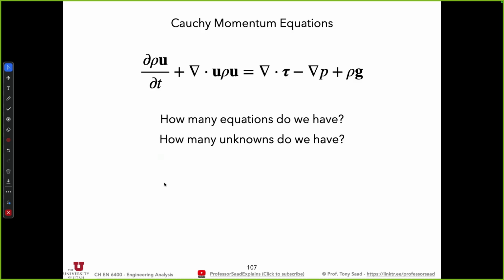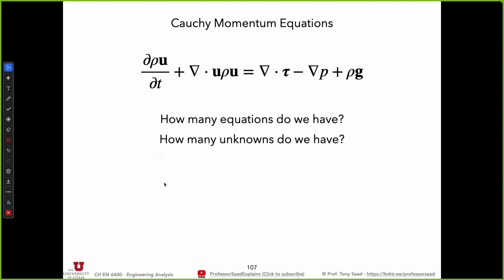But how many unknowns do I have? I have rho, density, u, v, w for the velocities. I have pressure, that's 5. I have temperature or energy, 6. And then what else do I have? I have 9 components of the stress tensor, which we didn't define.